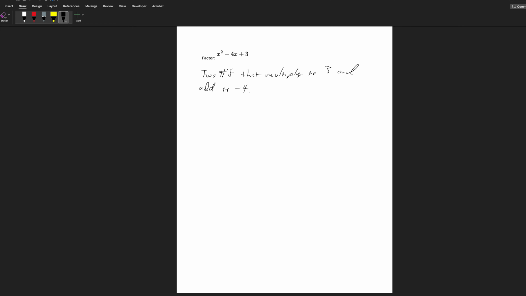And in fact, those numbers will be integers, okay? So numbers like -2, -1, etc.